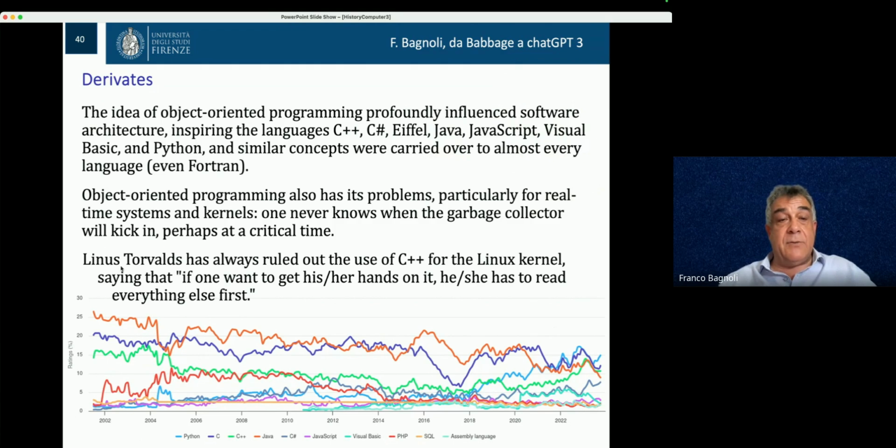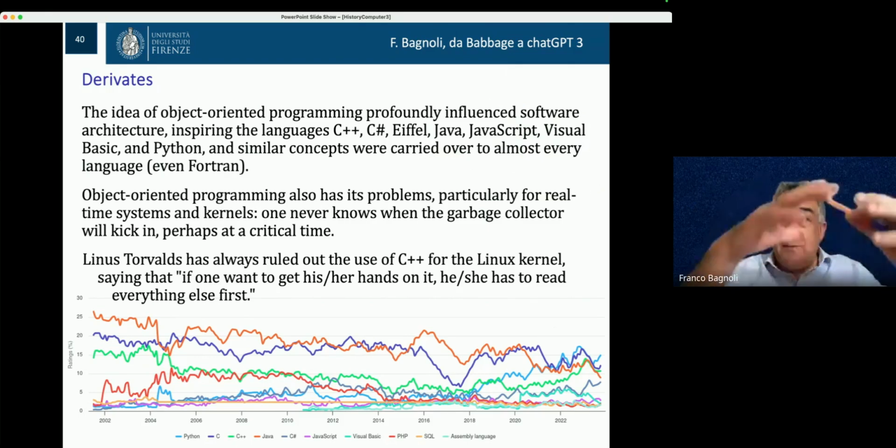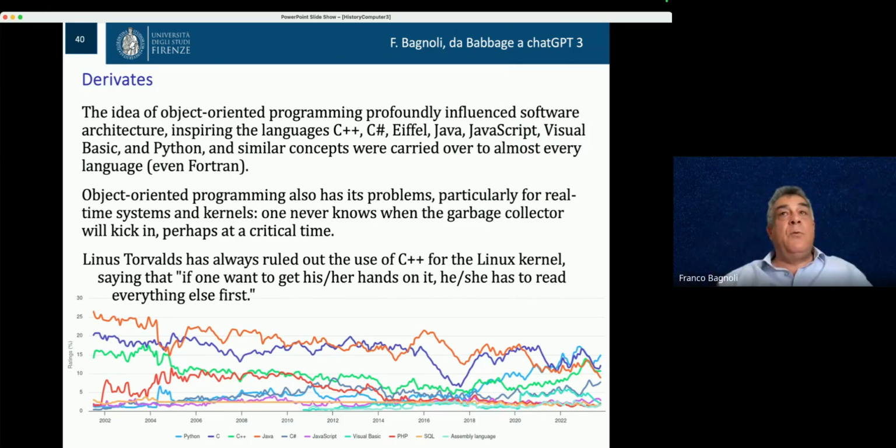But for instance, Linus Torvalds always refused to use object-oriented programming for the Linux kernel because in some sense, object-oriented programming was done in order to protect software, say, operating systems, large software, from damage that can be done by someone who writes a piece of software in order to interact with the already built corpus without knowing the minimal details of what the software is doing.